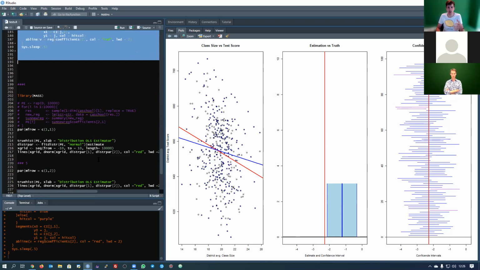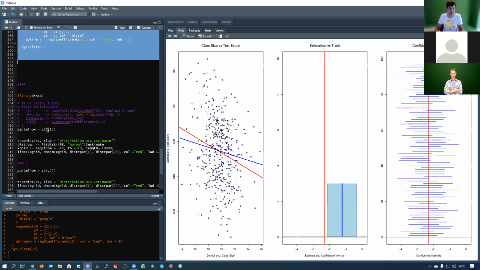I said this sampling uncertainty delivers the fact that our OLS estimator has a distribution itself. And we said in the previous weeks that the asymptotic distribution, or the approximate distribution, of the OLS estimator is a normal distribution.